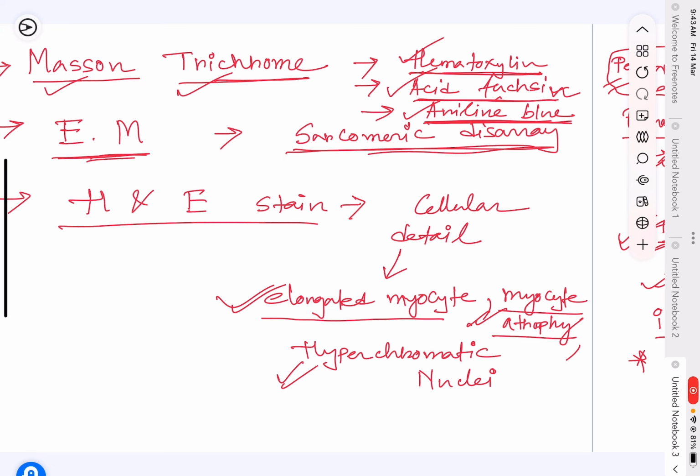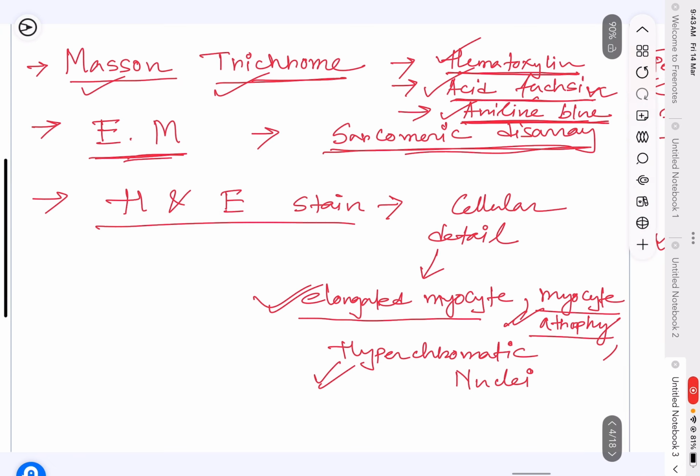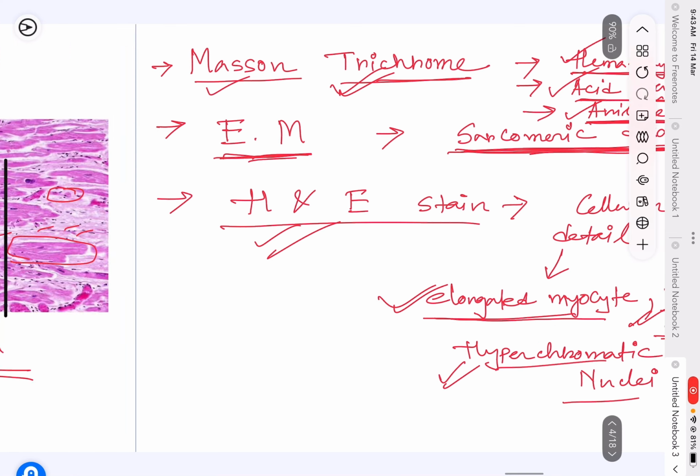Electron microscopy will show sarcomeric disarray because the titin protein is mutated. And in hematoxylin and eosin stain, you see the elongated myocytes, myocyte atrophy, and hyperchromatic nuclei.